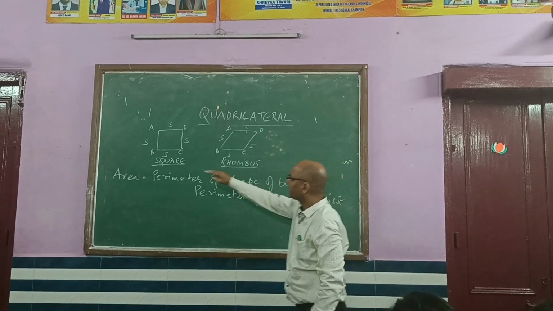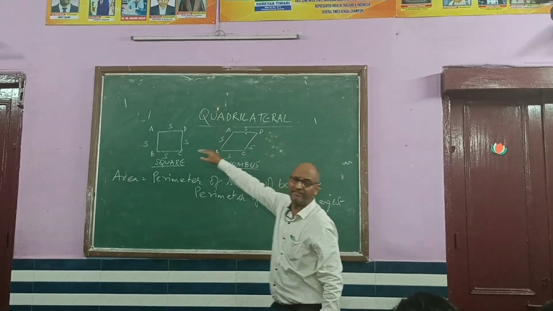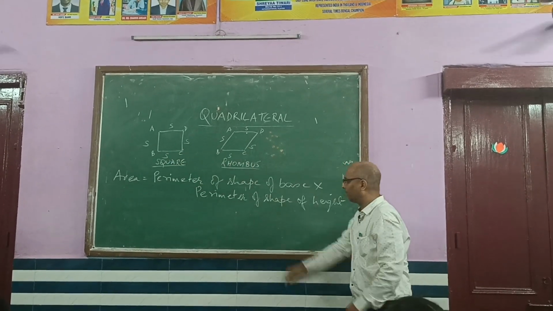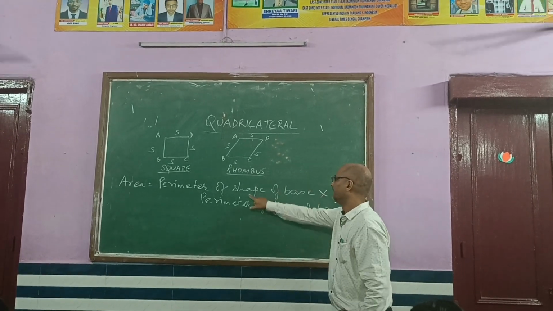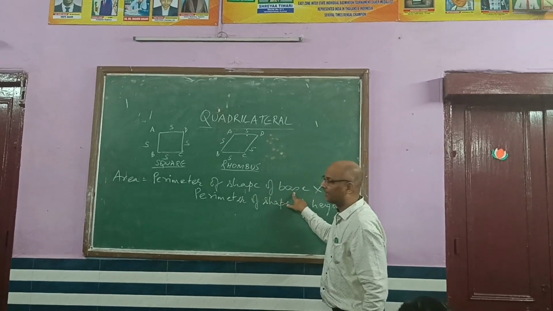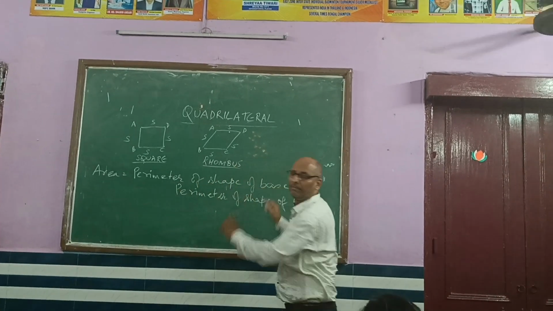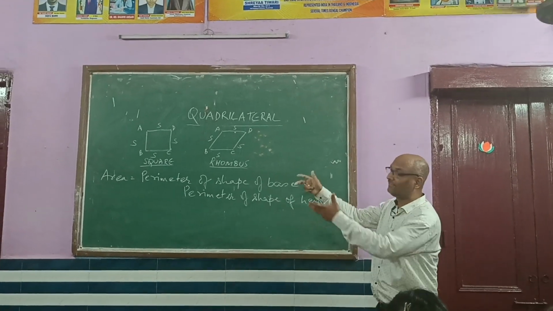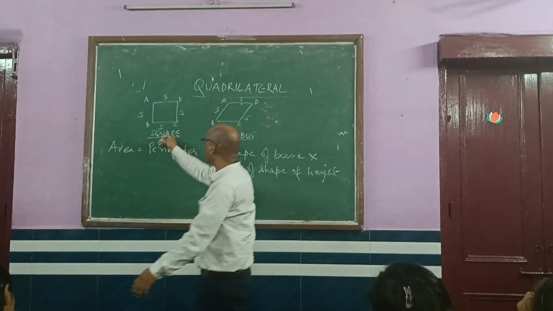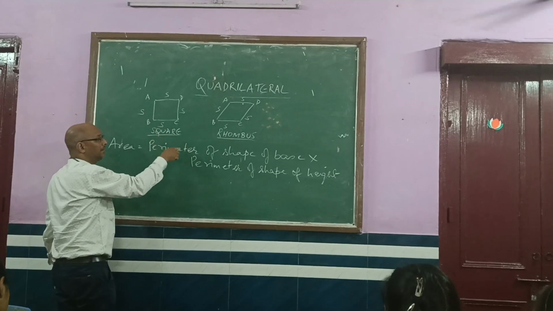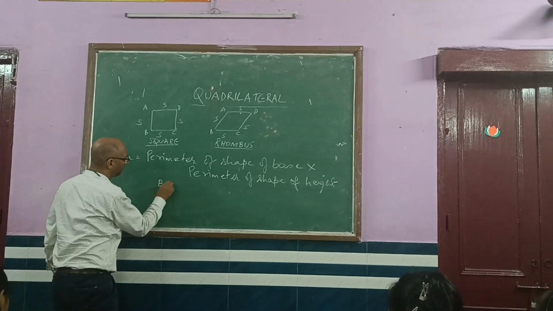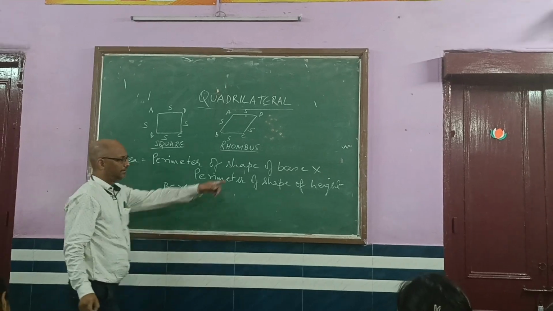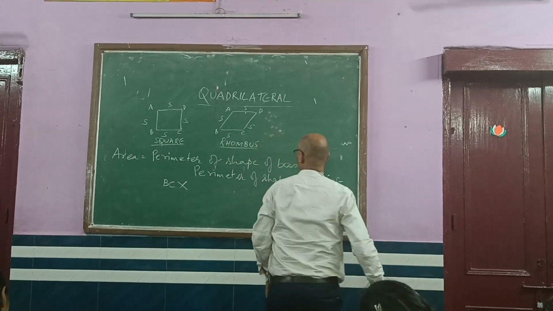Shape of base कैसा है? Line segment. In this case also line segment. So now forget about shape of base. So now what will you be writing? Line segment. So perimeter of line segment, what is the name of line segment? BC. Into, that's why I give it into.